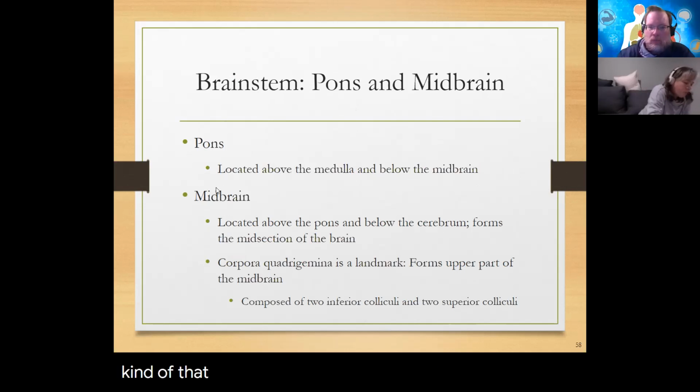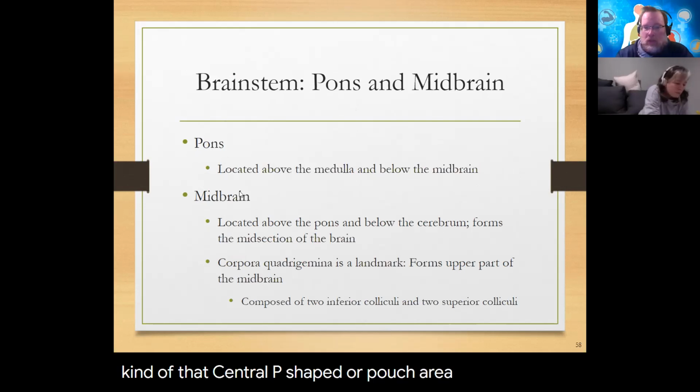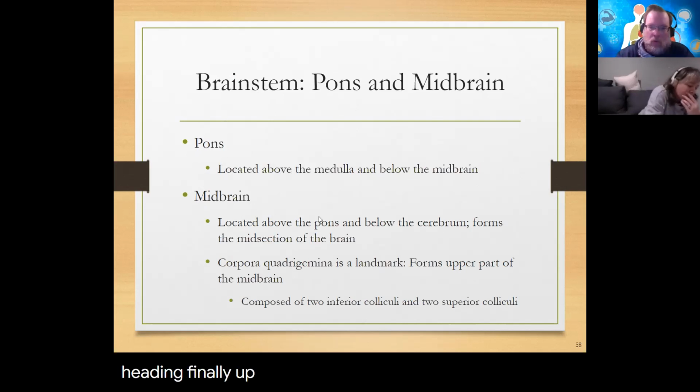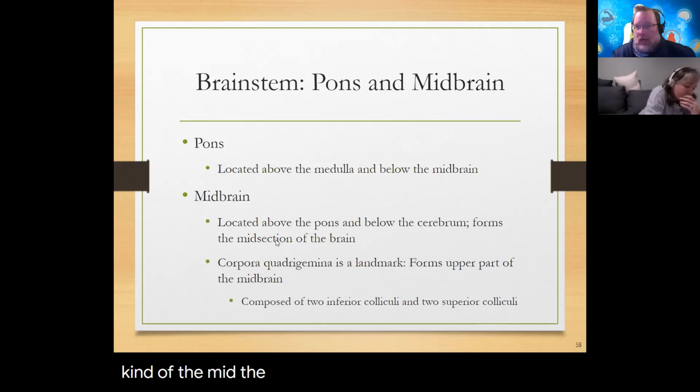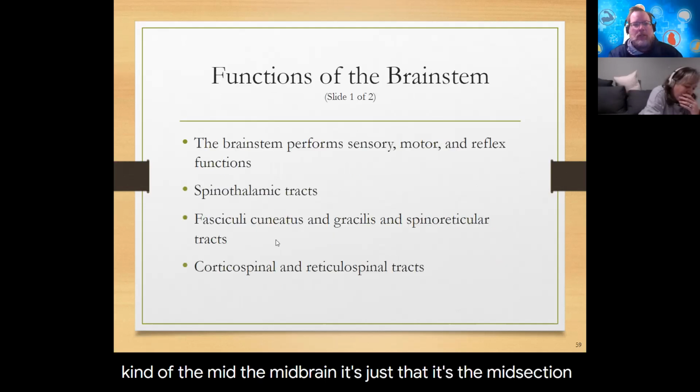Pons means pouch. Then the midbrain, heading up more internally within the brain, connects to the diencephalon. The midbrain is just that: the midsection of the brain.